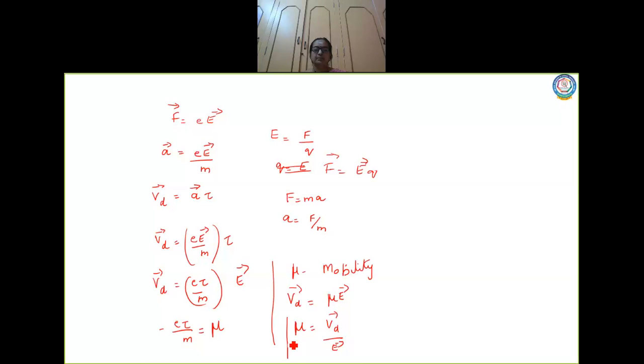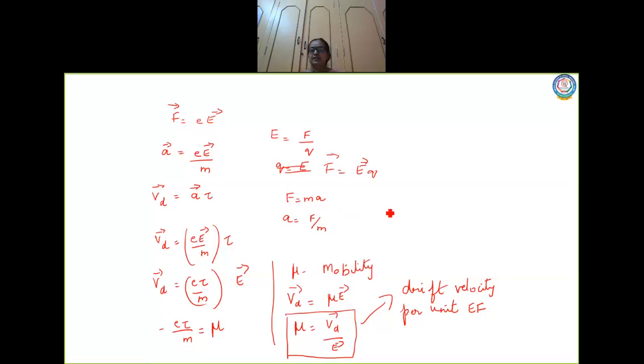This is nothing but mobility, which is drift velocity acquired per unit field. Listen, based on this formula, drift velocity per unit electric field is what you call mobility.